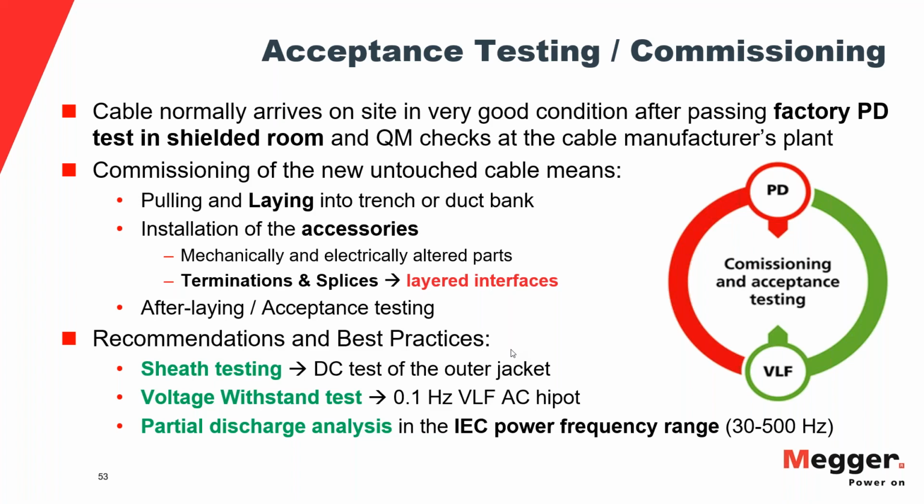What you do then is you put your hands on the cable. And this is why these workmanship issues are such a problem, because the cable itself is supposedly good, and now the human factor comes in, and if somebody is doing a bad splice, this will show up during the partial discharge test, and in most scenarios not on a tan delta test.